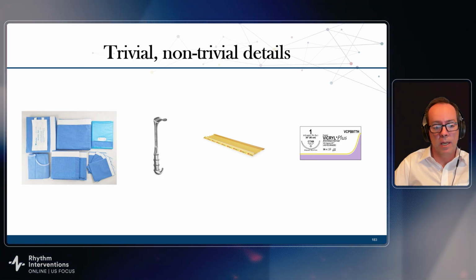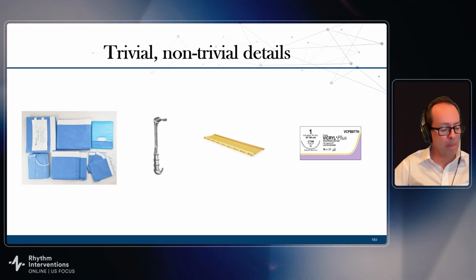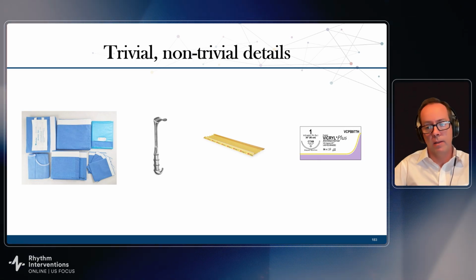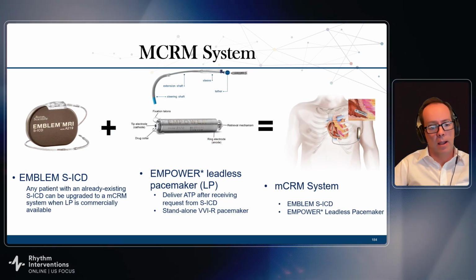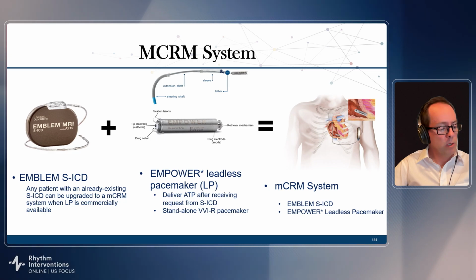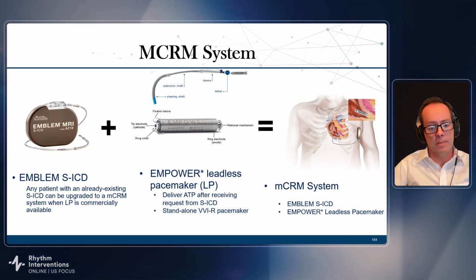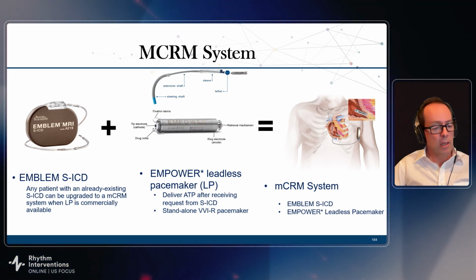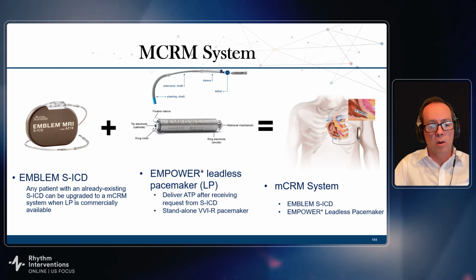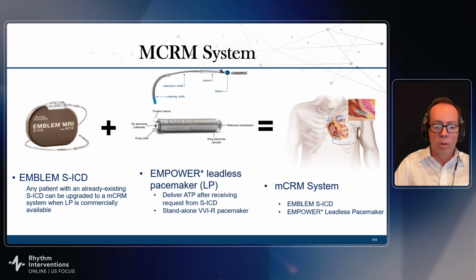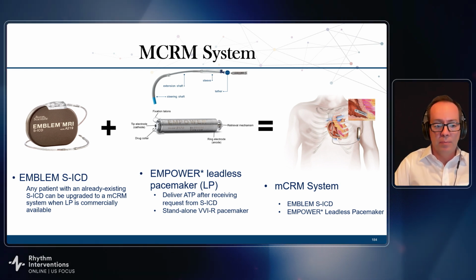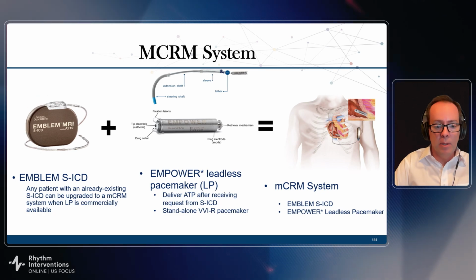Let's briefly touch on a few slides of what's down the pike for SICD. Next slide. These were just presented. These are the components of an MCRM system. So the SICD now will not have to be limited by its inability to pace.